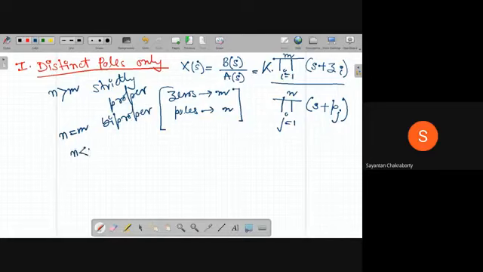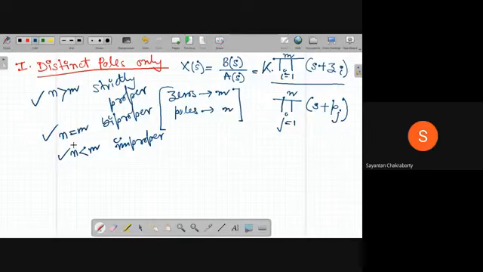If n less than m, there are more zeros than poles, then it is called an improper system. Now, each of these, strictly proper, biproper, and improper systems, have their individual characteristics. For strictly proper system, it's very easy to obtain the factors in a partial fraction form. For biproper system, it's still easy, but for improper systems, it involves a few extra steps.